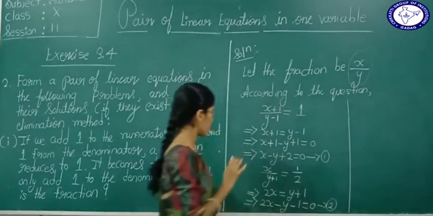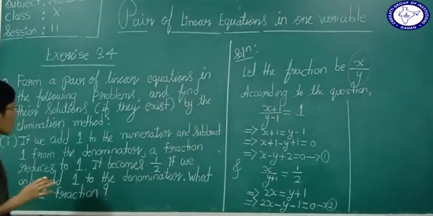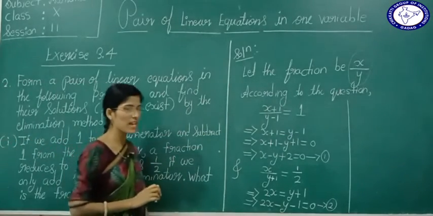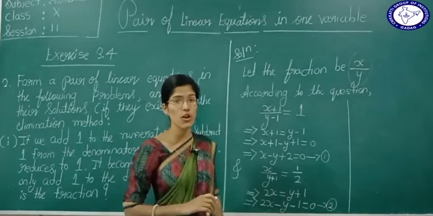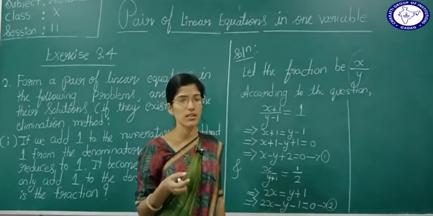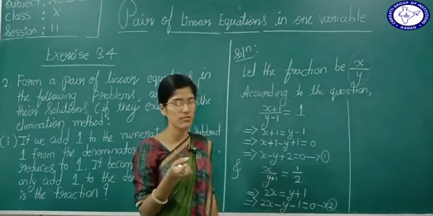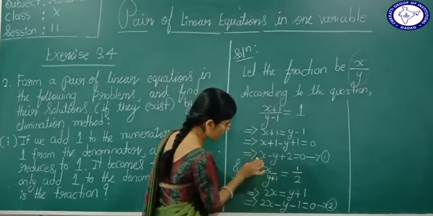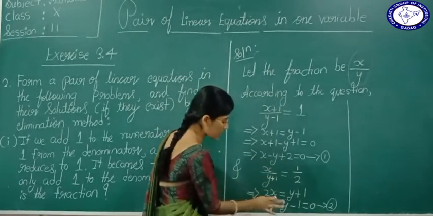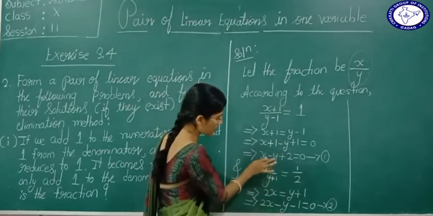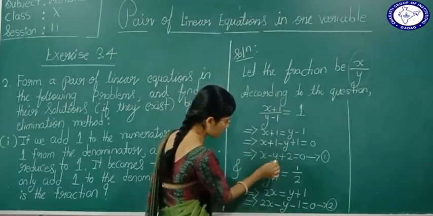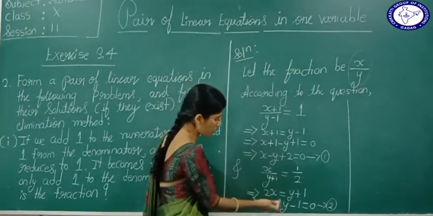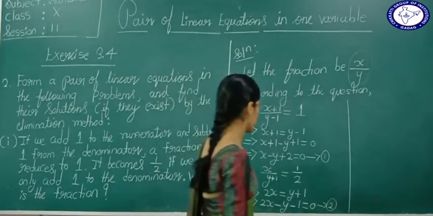They have particularly mentioned to solve this by the elimination method. Students, you know what the elimination method is, how we are going to solve it. Elimination method means we are eliminating one variable. Now here we have two equations. You can eliminate x or you can eliminate y. I will eliminate y because the y coefficient is the same. I will go for eliminating y only.